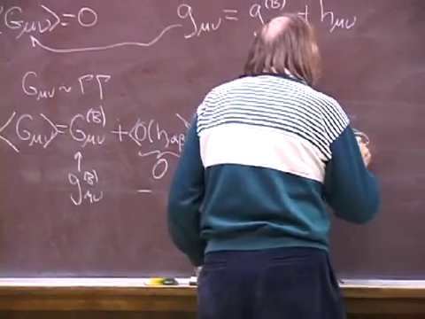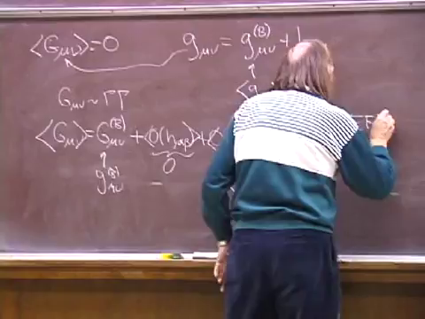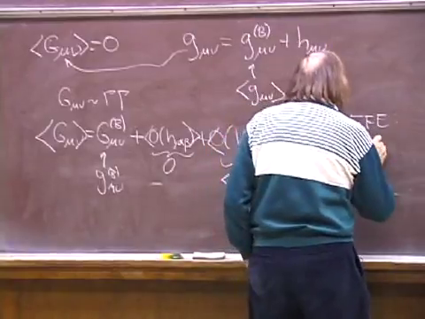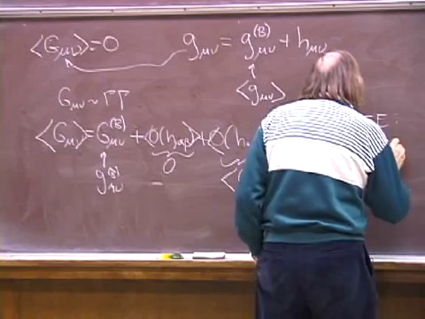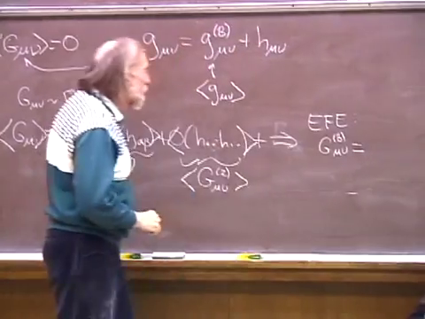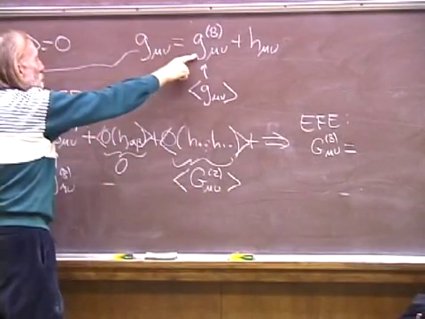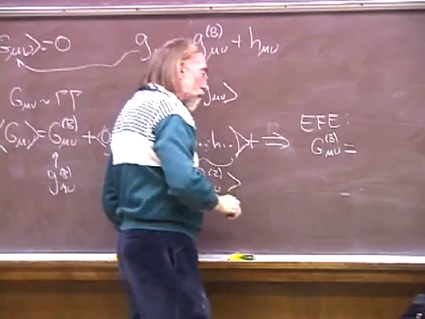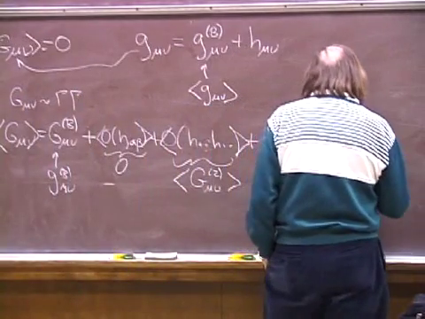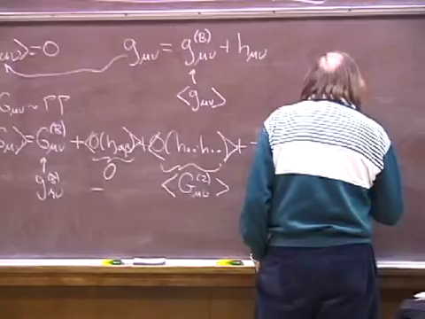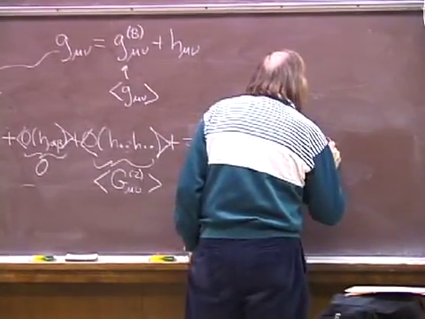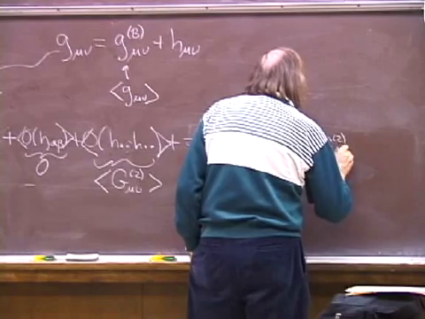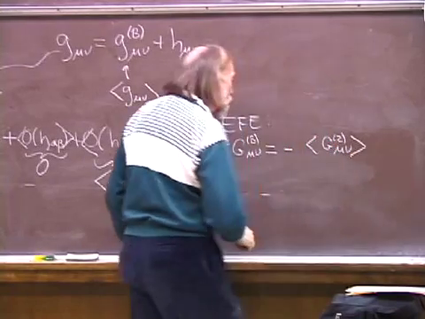That means that the Einstein field equations can be written as G background, the Einstein tensor created by the background metric, by the usual method, is equal to minus the average of this second order G, which is quadratic in the metric perturbation.